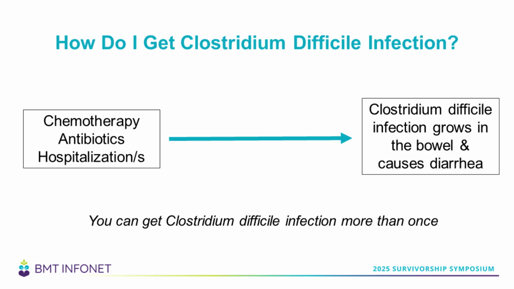And that includes receiving chemotherapy, receiving antibiotics in the past, and being in and out of the hospital, because there is a susceptibility of being in the hospital environment, which contributes to the risk of developing C. diff. So all of these factors change your bowel and allow for this bacteria, Clostridium difficile, to grow and cause diarrhea. You can also get this infection more than once.